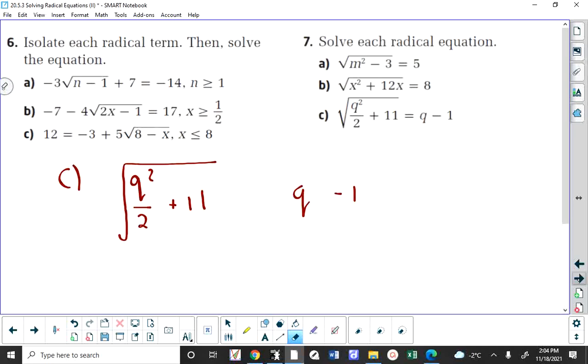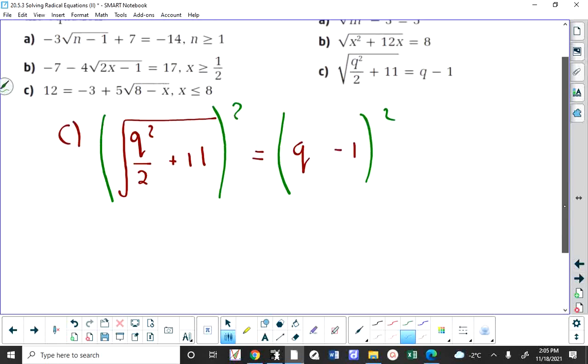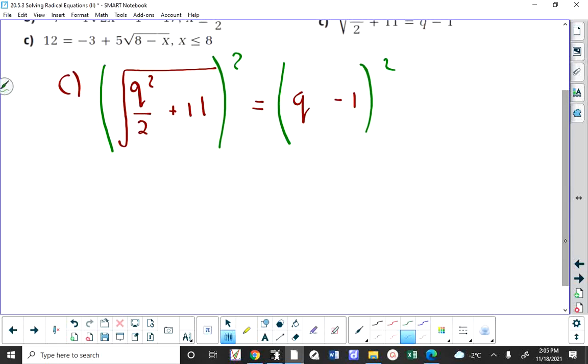So really, Kendra and everybody, the first step is really done. We've isolated the radical. Now what we need to do is square both sides. Of course, when I square that radical on the left, all I'm left with is the radicand, which is no longer a radicand. It's just something without a radical sign.